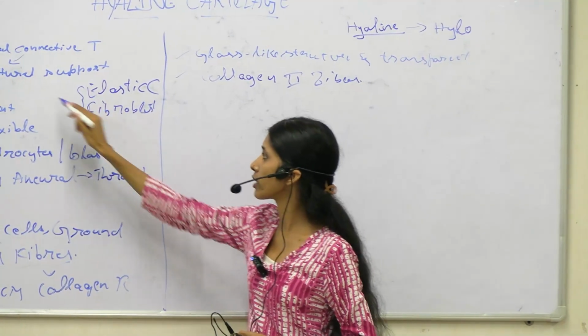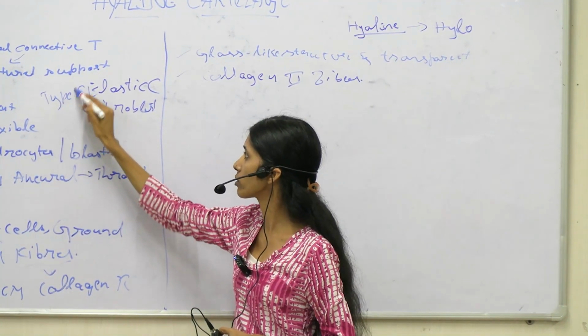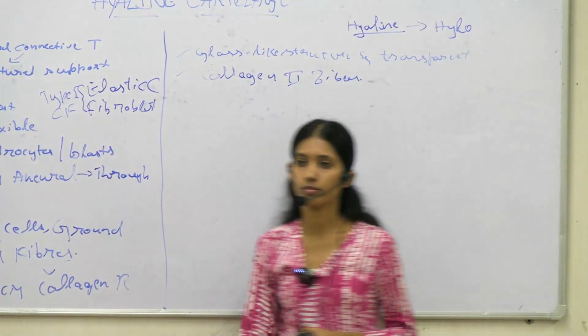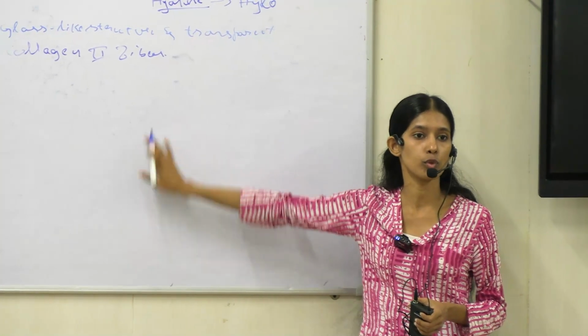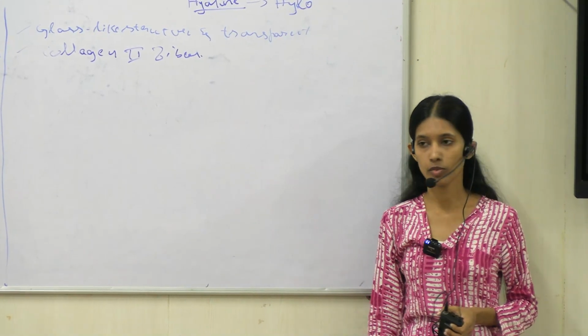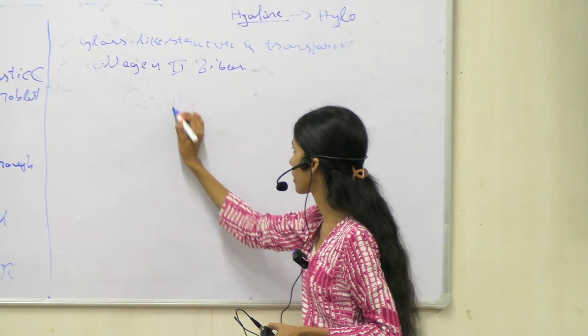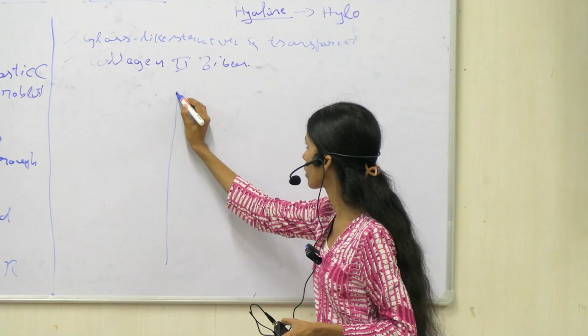In these two cartilages, we can see type 1 collagen fibers. Only in hyaline cartilage do we see the type 2 collagen fibers. I'll draw a simple diagram. Copy down the diagram, everybody.